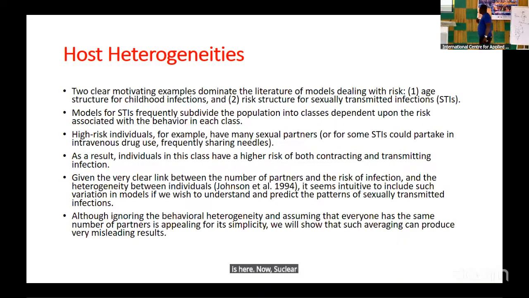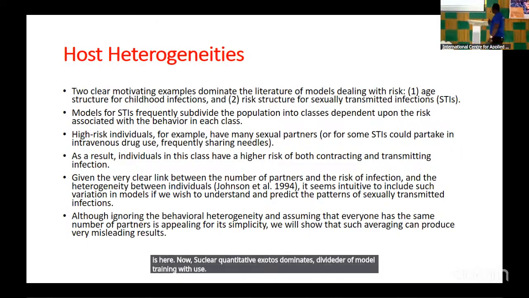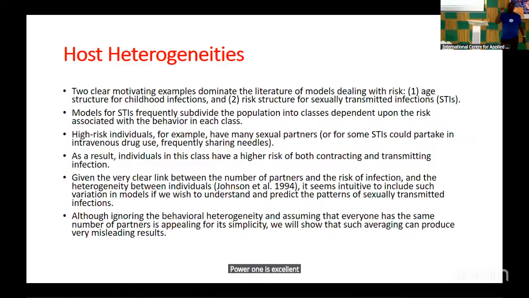Two clear motivating examples dominate models dealing with risk. Number one is age structure for childhood infection. Most diseases, especially protozoan ones like malaria, require looking at different age classes, children and adults, where you have to put people in different age groups.